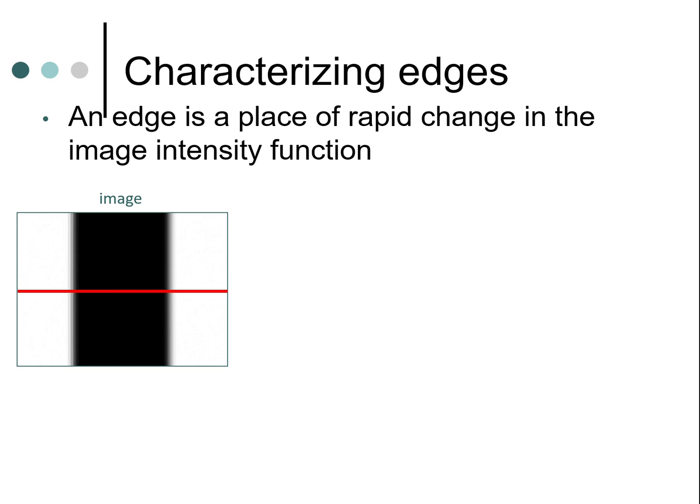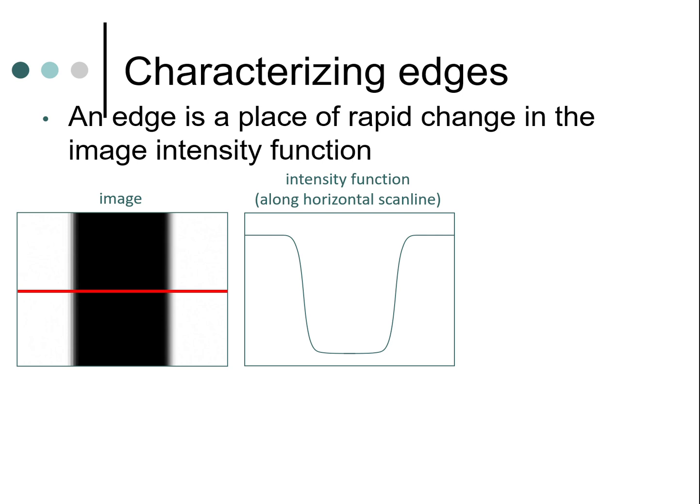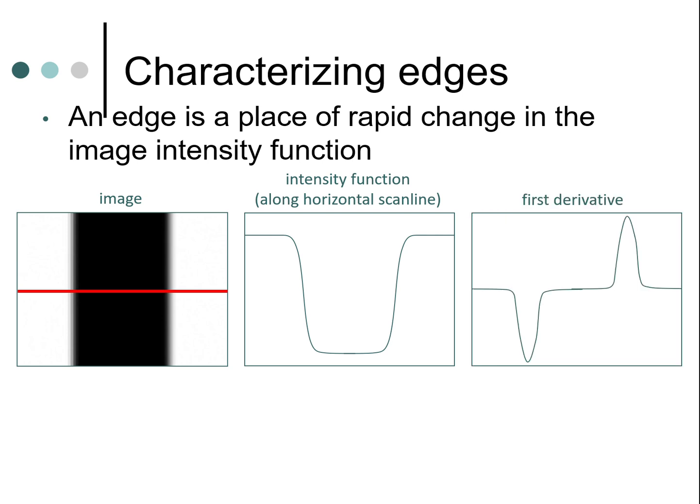This shows how you characterize an edge. An edge is a place of rapid change in an image intensity function. For example, the pixels in the image have some color changes. This pixel color change is shown in an intensity function along the horizontal scan line.